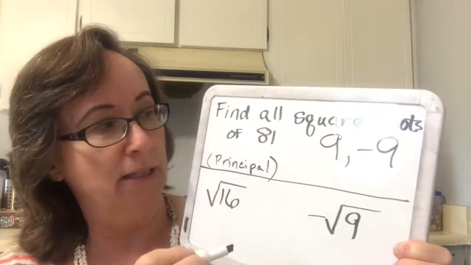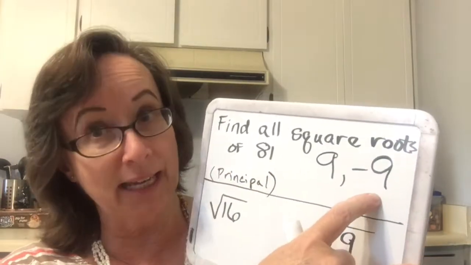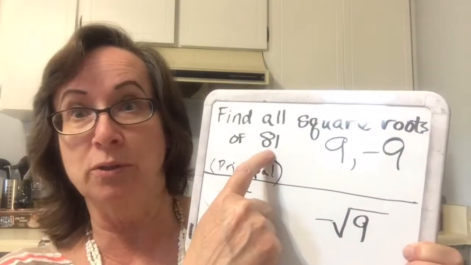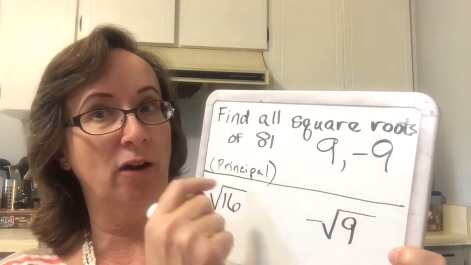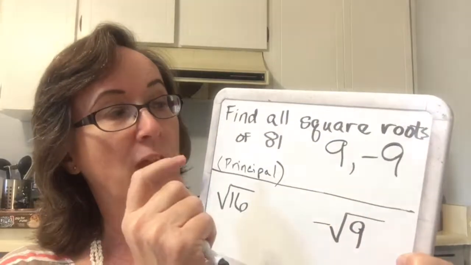Both square to give you 81. 9 times 9 is 81. Negative 9 times negative 9, the negative sign squares out, so that equals 81 also. So when you do not have a radical sign over it, then you need to consider there are two roots.